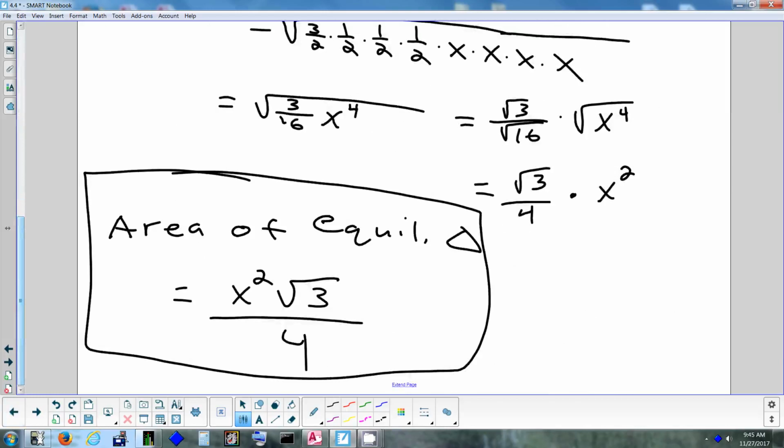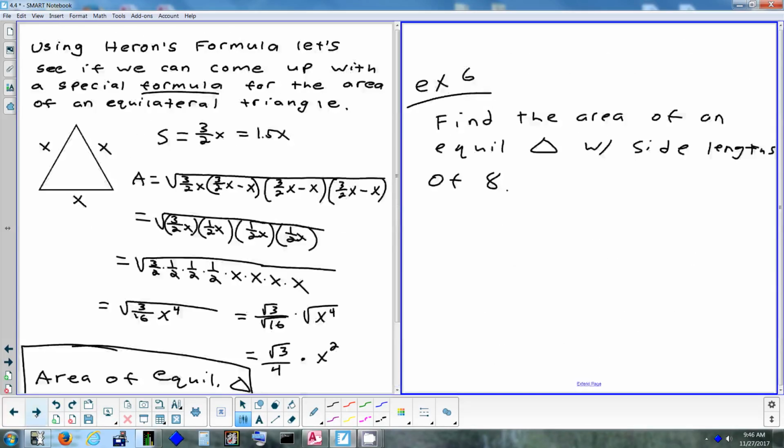Okay, so let's finish up by using that to find the area of an equilateral triangle. Now, this problem that I'm showing you, you have 3 ways to do it now. The slowest way would be to draw it out. Well, actually, in this case, it wouldn't be that slow, and I'll ask somebody why in a second.